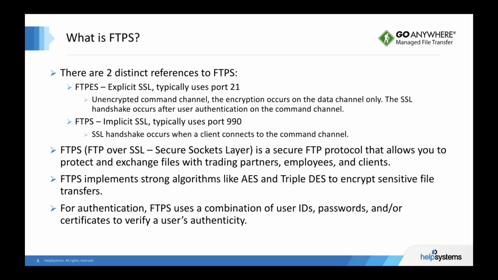The second the client connects, you're going to see an SSL handshake. When the data channel is established, you're also going to have either a separate SSL handshake at that point, or you can actually reuse your SSL or TLS session when establishing that data channel.